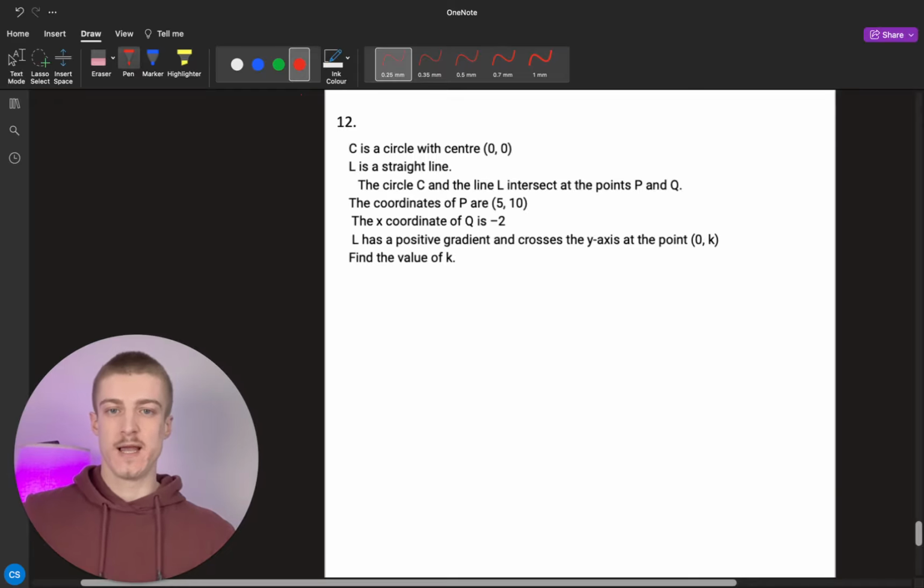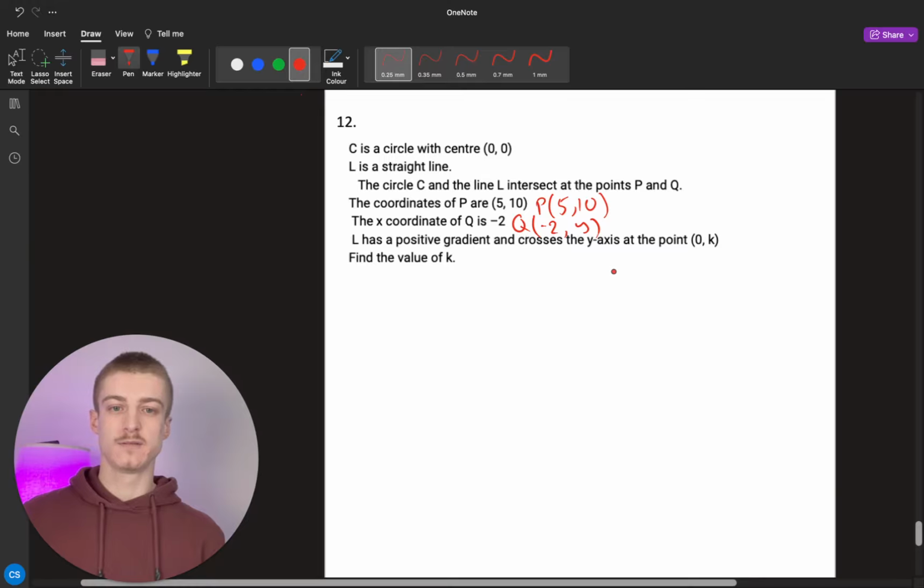Well, Q's x value is minus 2. That's 4 plus y squared equals 125. y squared is 121. 121 square rooted is 11. Plus or minus 11. We don't know if it was positive or negative, so y is plus or minus 11.